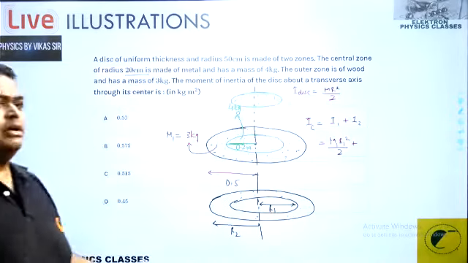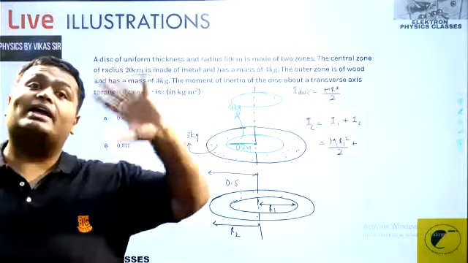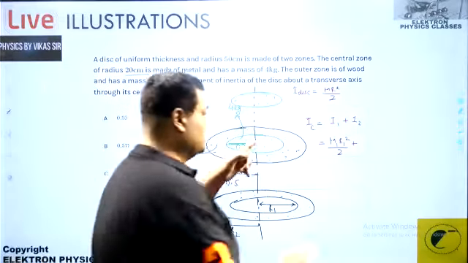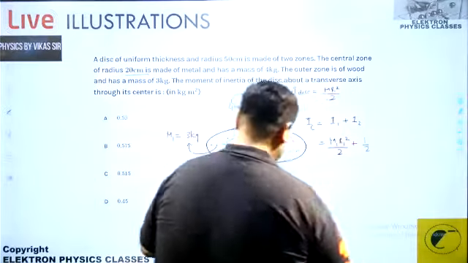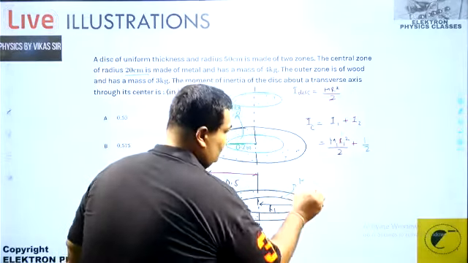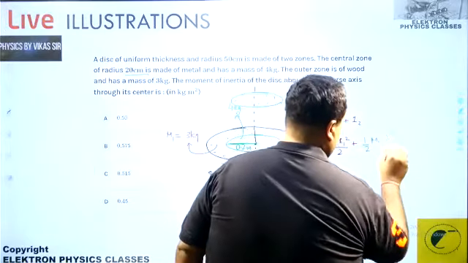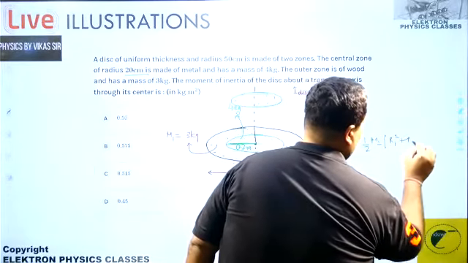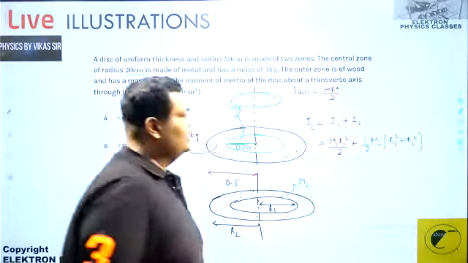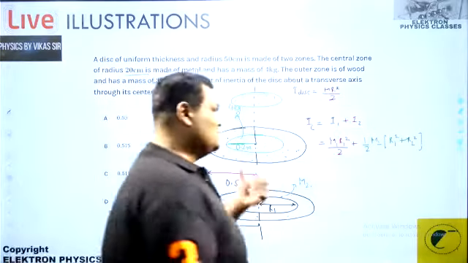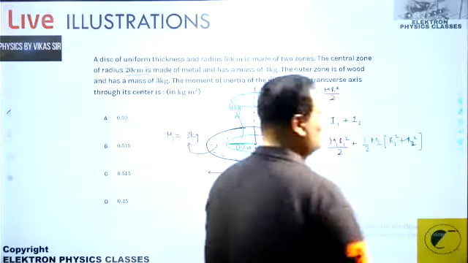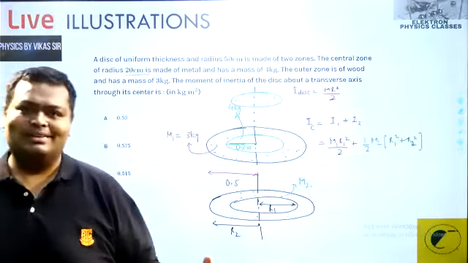What is the moment of inertia of the annular disk? You do remember the expression was half into the mass of this, which I am writing as m2, so that is m2 into r1 square plus r2 square. That's the moment of inertia. And for this, you need to go back to the lecture and check upon it. How did we get that particular result?